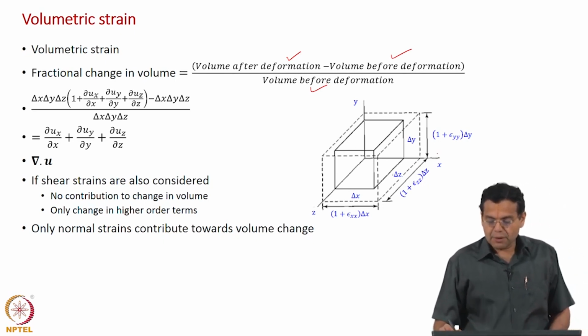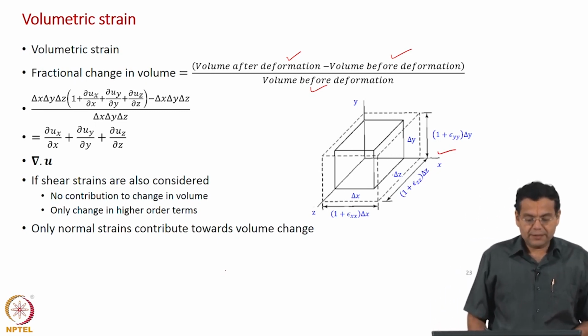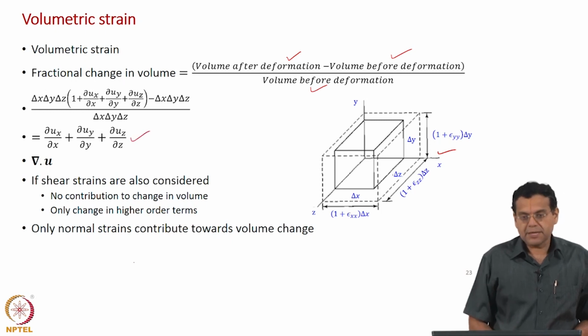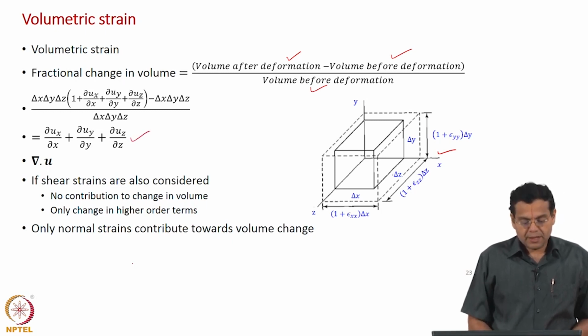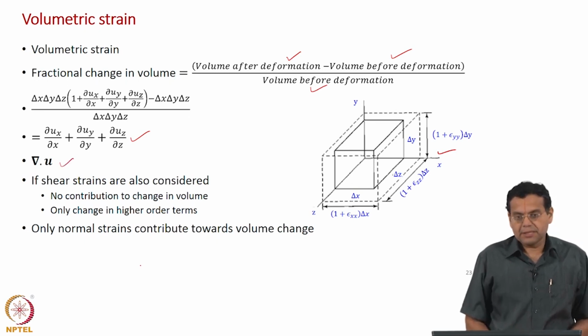And we took this cuboidal element and proved that the volumetric strain is the sum of these three displacement gradients, which we expressed as divergence of the displacement field.